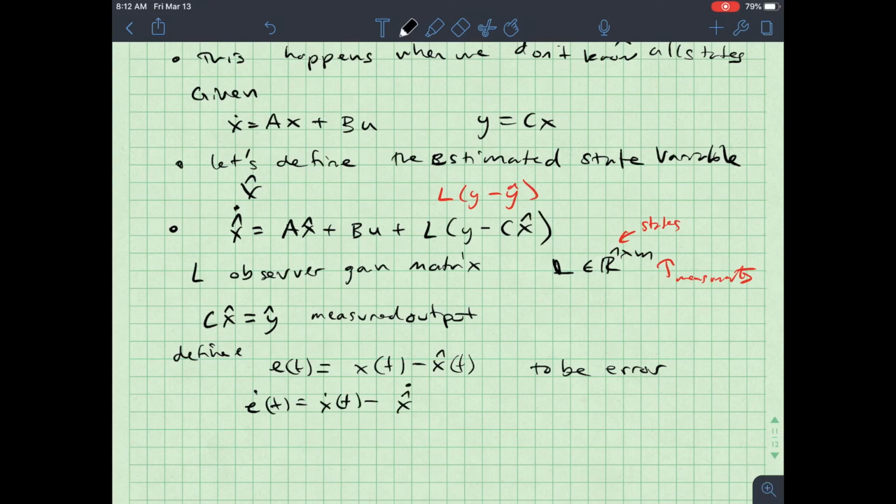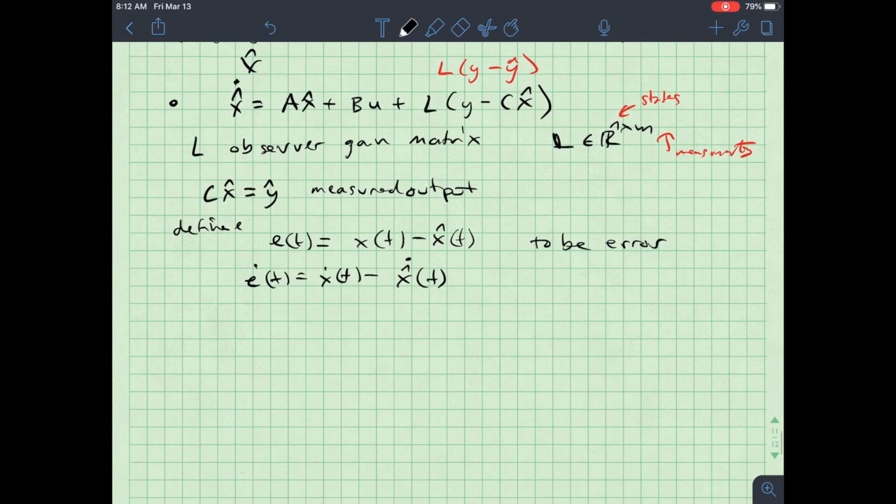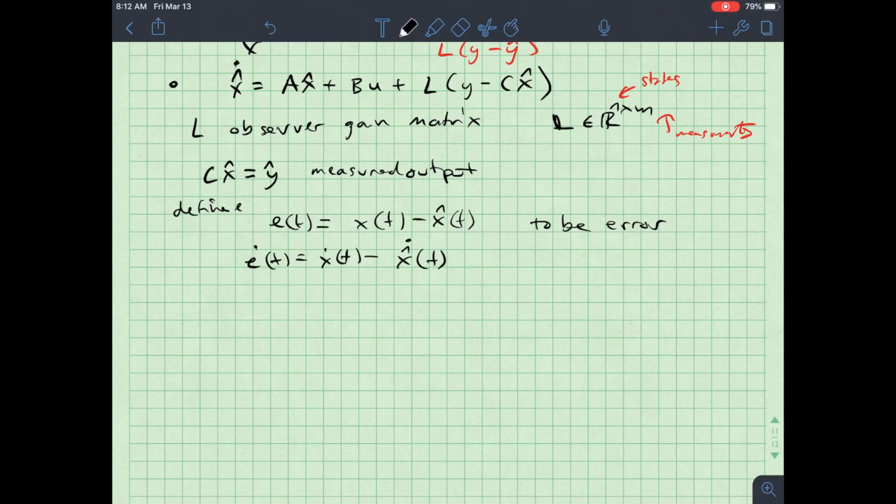And so what I'm going to do is plug in these equations. So I know that E dot of t is equal to Ax plus Bu minus, in parentheses, A x hat plus Bu plus L times y minus C x hat.